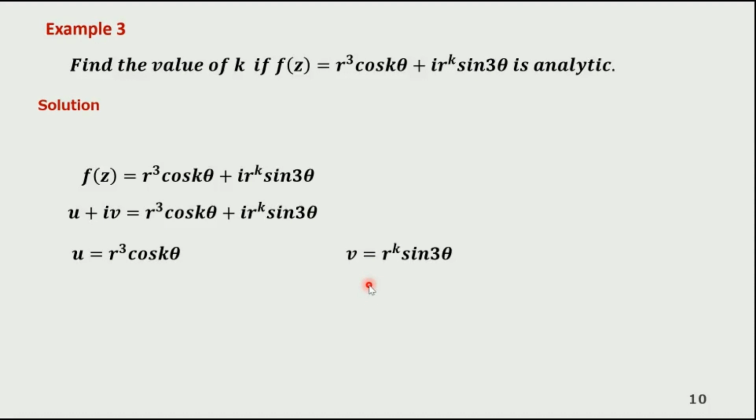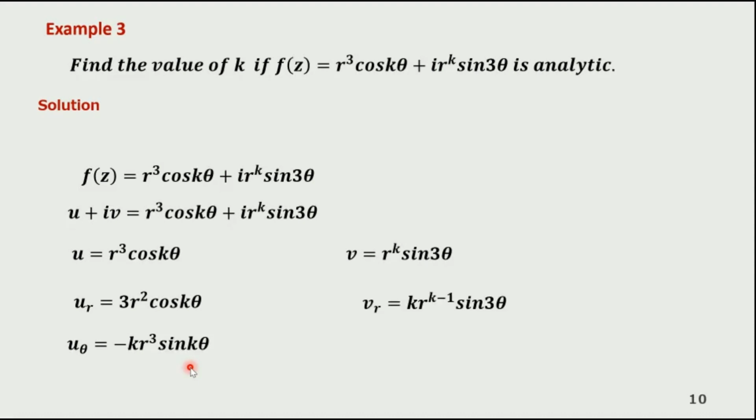First we have to find u_r. We differentiate u partially with respect to r, and theta terms will remain constant. So cos k theta remains as it is, only the derivative of r cube, which becomes 3r square cos k theta. Similarly, differentiating u with respect to theta, u_theta will become minus k r cube sin k theta, since the derivative of cos k theta is minus k sin k theta.